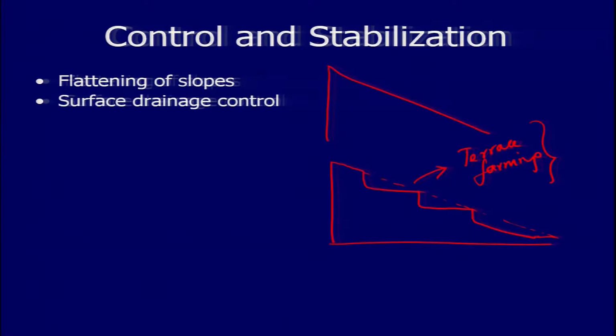Surface drainage control. So, the point here is that suppose you are having the lithology here, a sand body sitting here, and then you have clay or something like that.